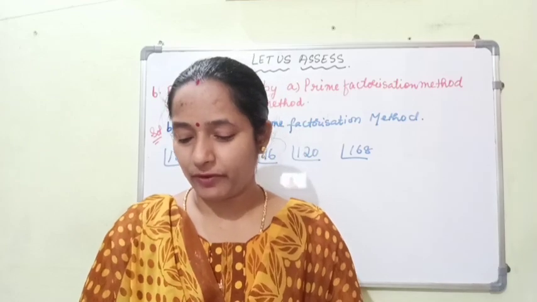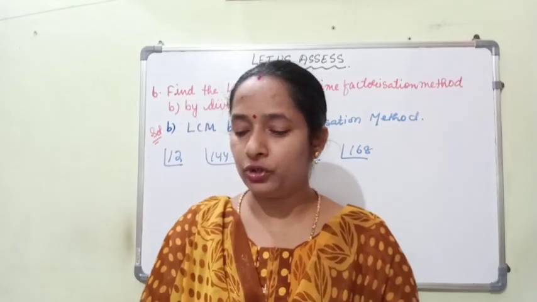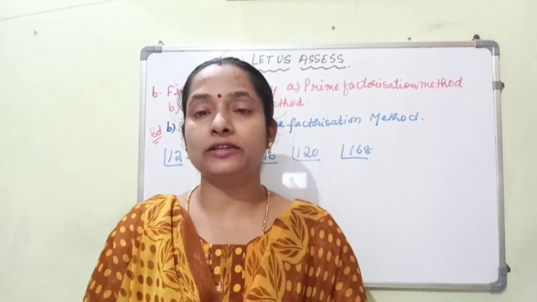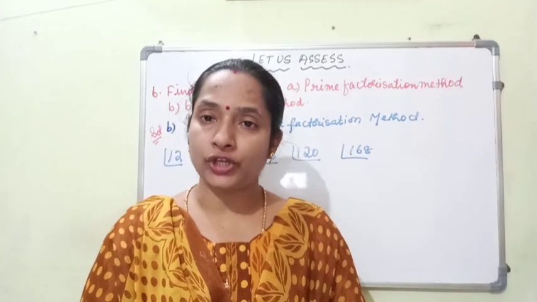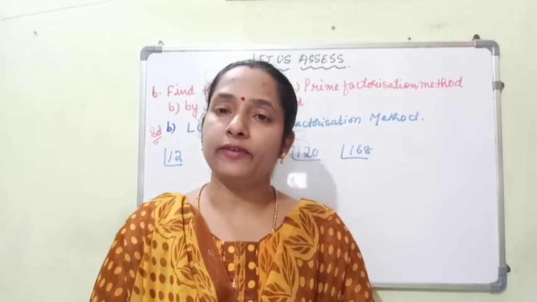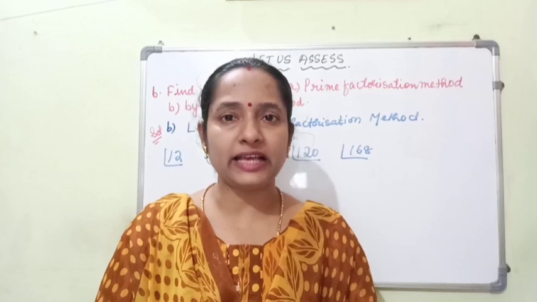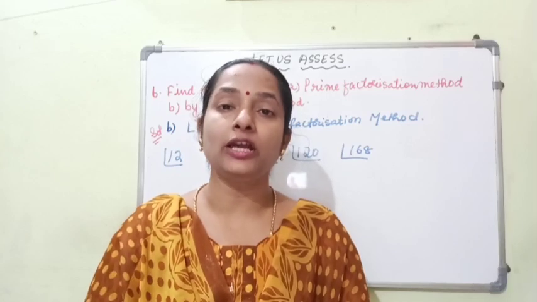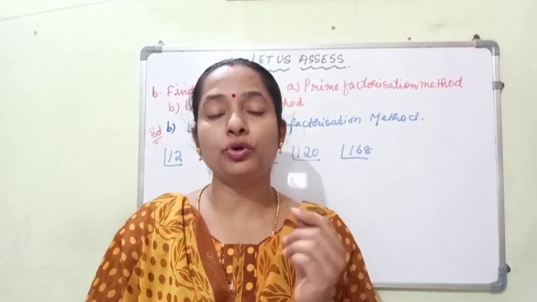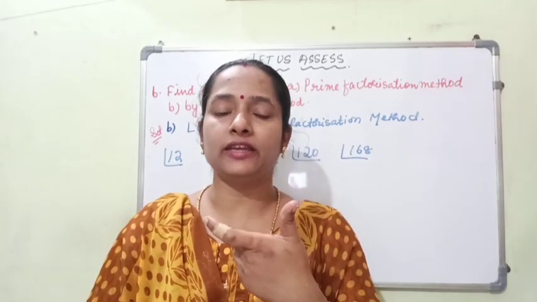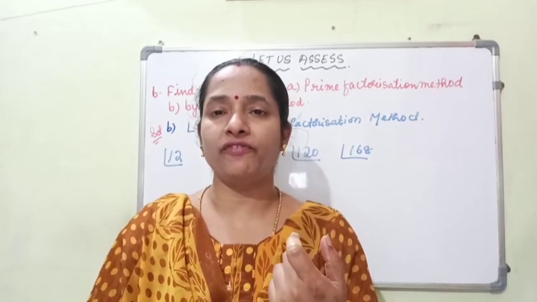Then comes question number 4, where you are already given a short division from which you have to find out the HCF and the LCM. Children, we all very well know that whenever we find the HCF by the short division method, we always divide all the three given numbers by a common factor.